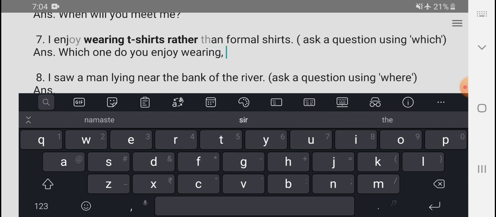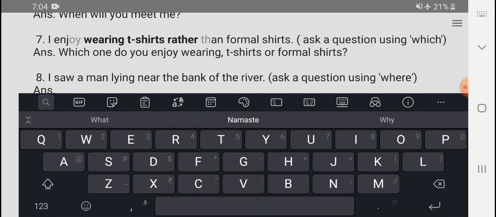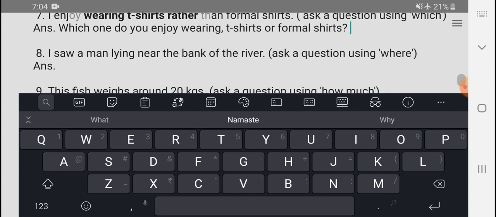Then I can give a comma and write t-shirts or formal shirts. You can see in this example there is a choice, so the speaker will choose.